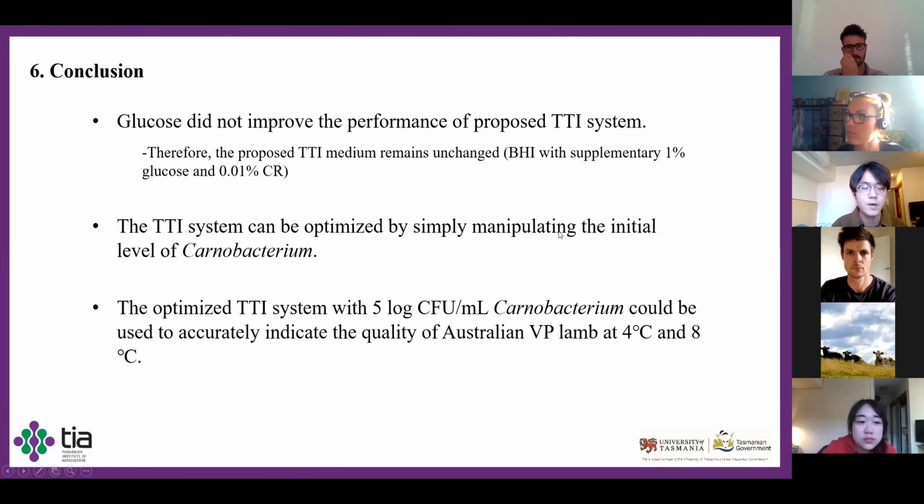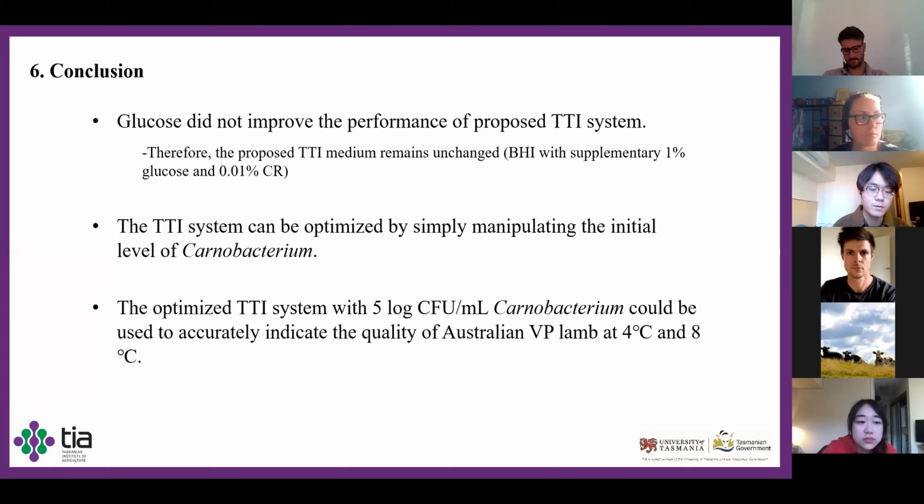So in this part, I will give an overall conclusion of my key findings. First, we found glucose didn't improve the performance of the TTI system. Thus, we still choose the 1% glucose in our TTI.